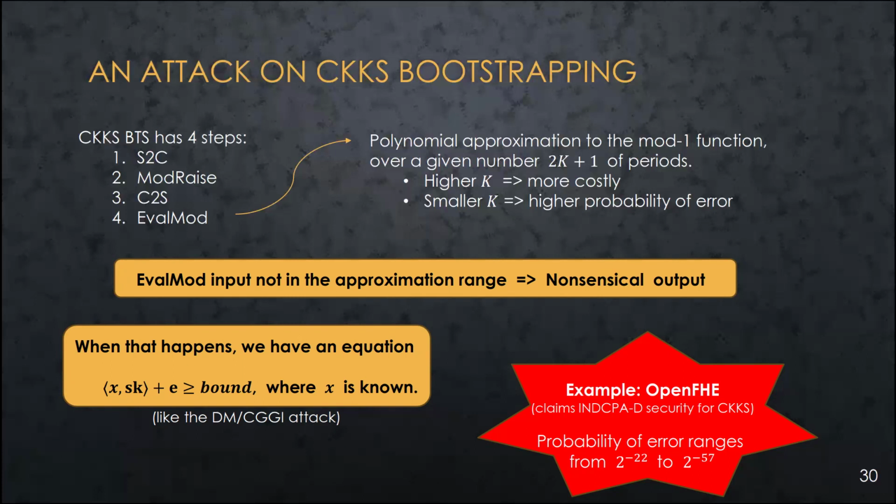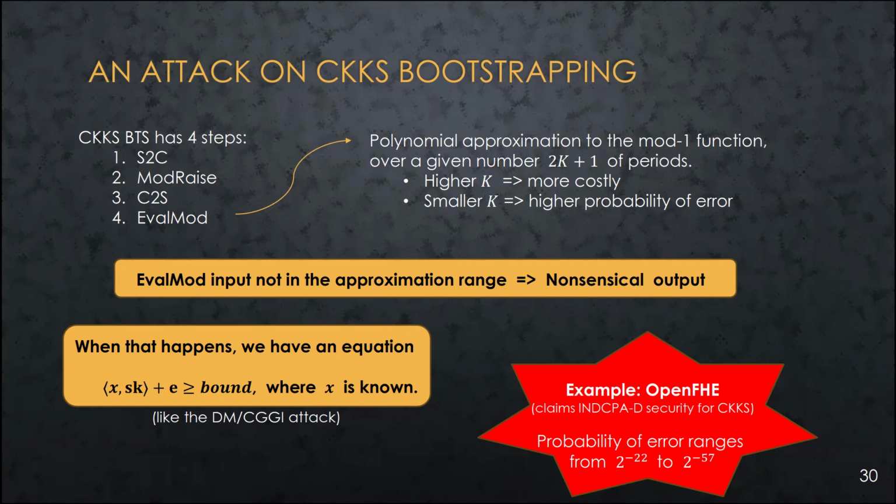So it's nonsensical. And when that happens, we also have an equation of the form x inner product sk plus e larger than some bound, where x is known. So it boils down to the same equation as for DM/CGGI, and we can complete the attack in the same way.